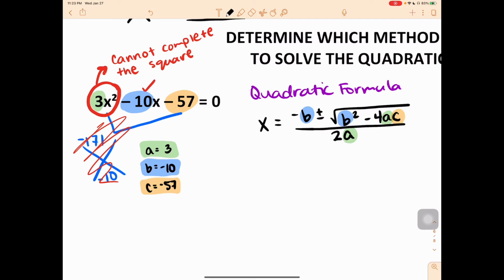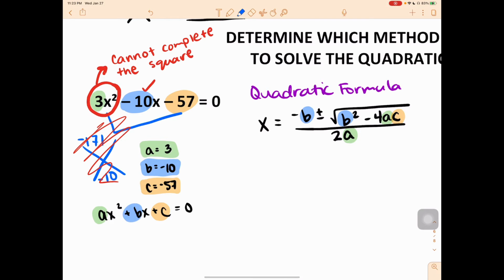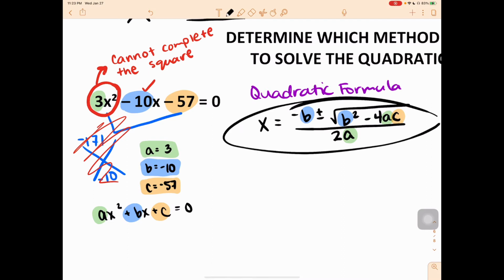And again, this is just because ax squared plus bx plus c is the standard form of a quadratic equation. So you see here C, A, and B. Okay, so this is how we identify it. Once you're able to get A, B, and C, now you just plug it into this formula.